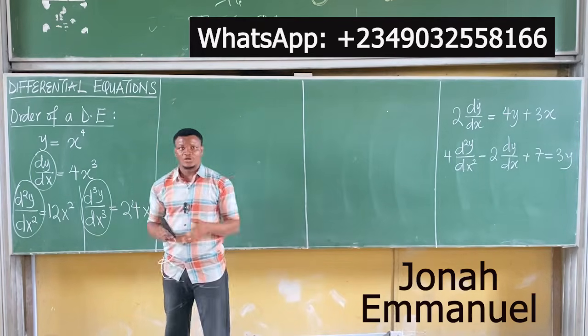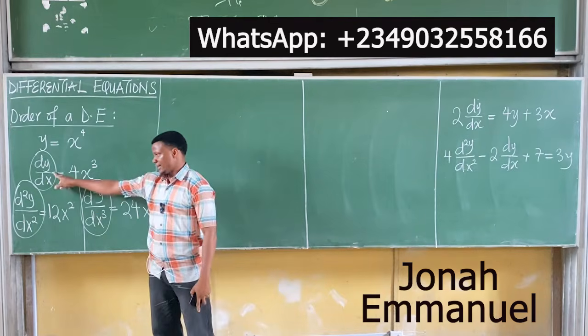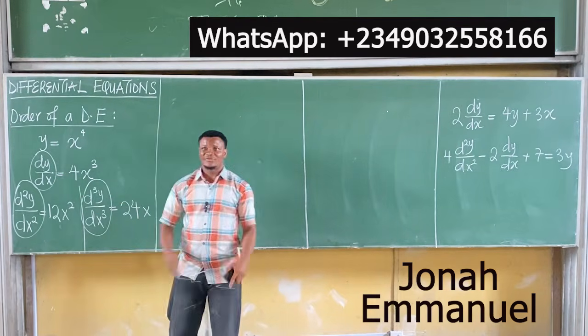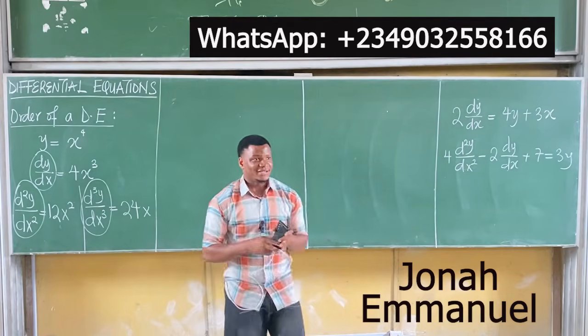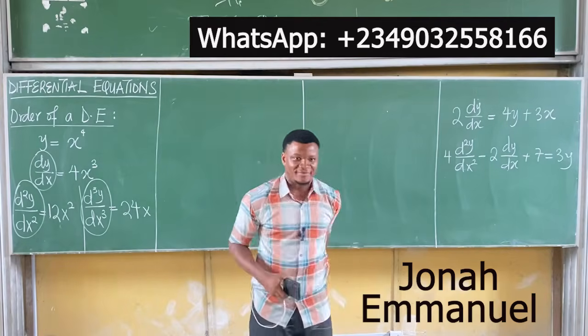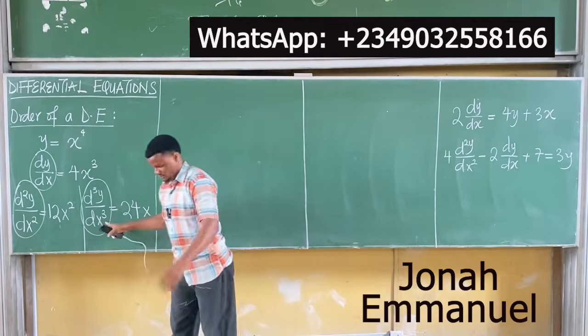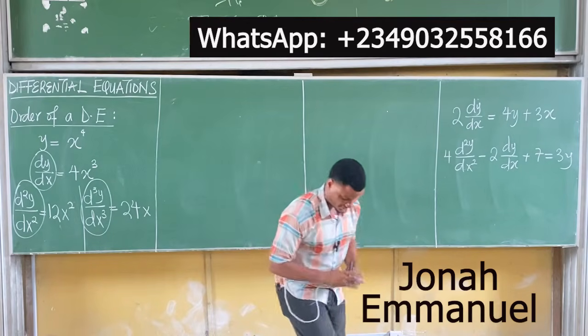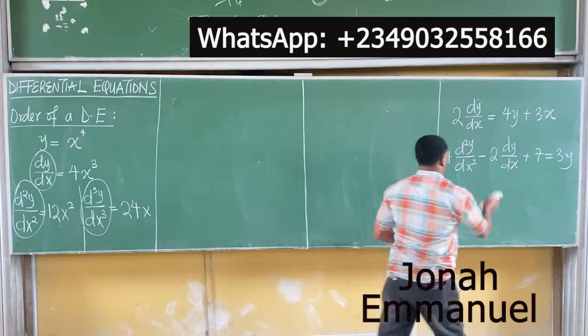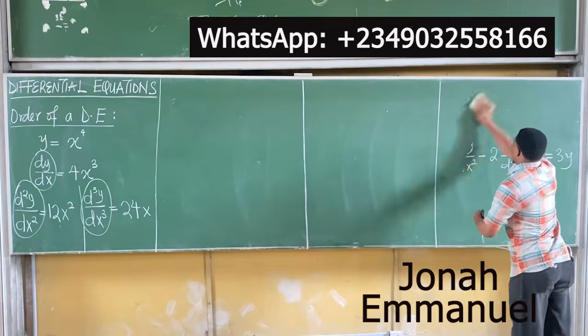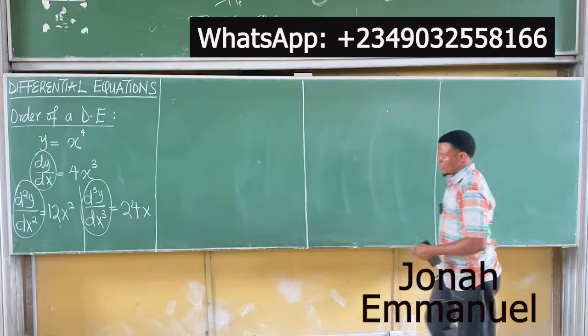For this course, you'll be treating just first order and second order. Third order will be very crazy, maybe for the maths students. So that's it basically. When we say order of a differential equation, you know what it means now.